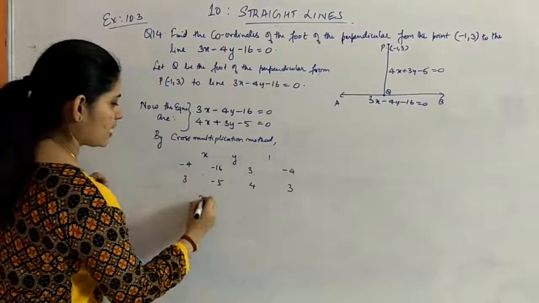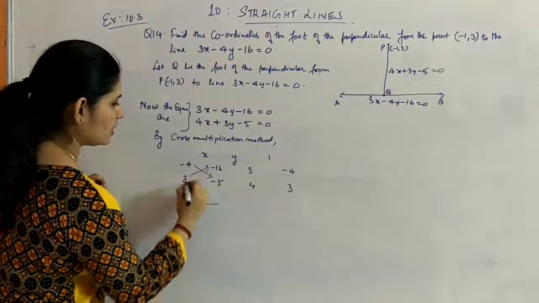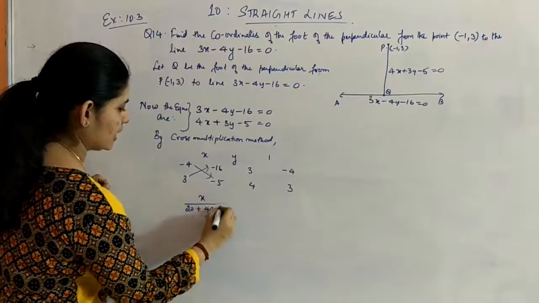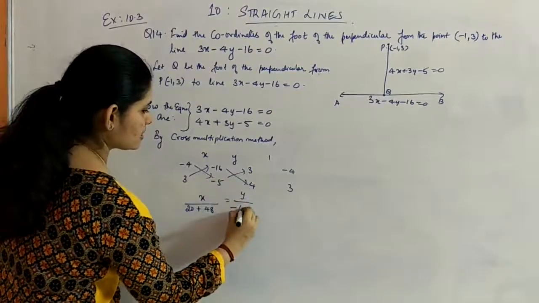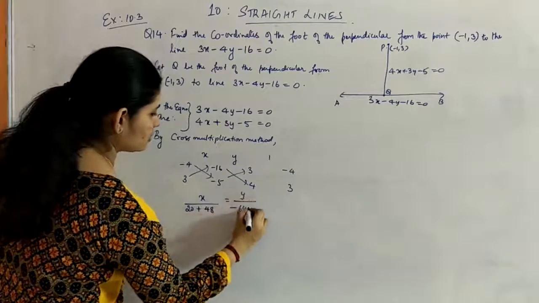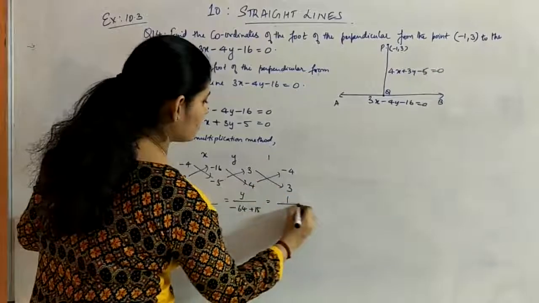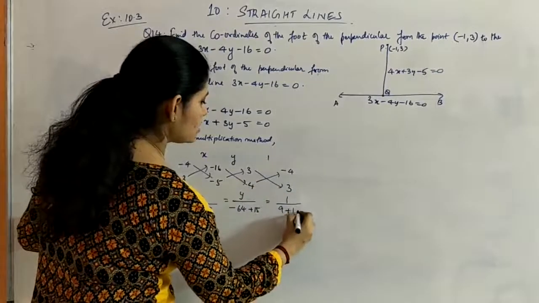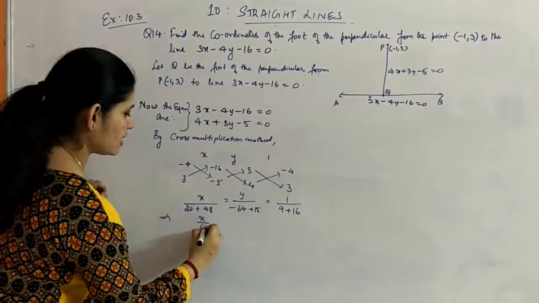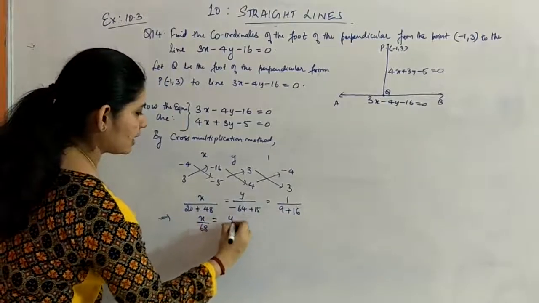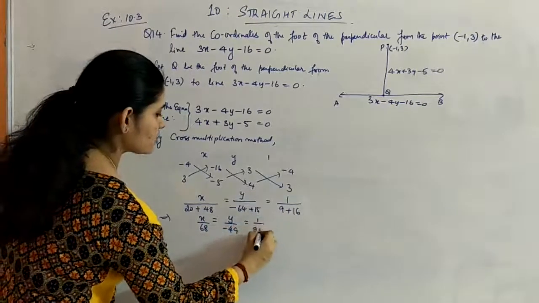So you will get, by cross multiplying, x by 20 plus 48 is equal to y by minus 64 plus 15 equal to 1 by 9 plus 16. That is x by 68 is equal to y by minus 49 is equal to 1 by 25.